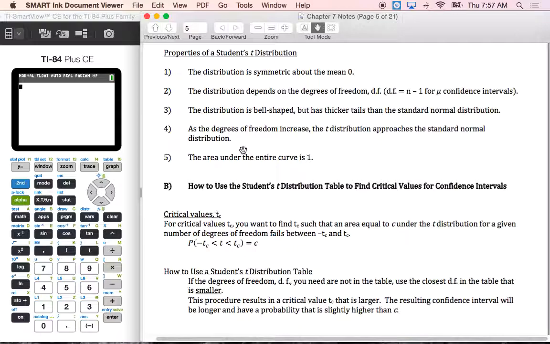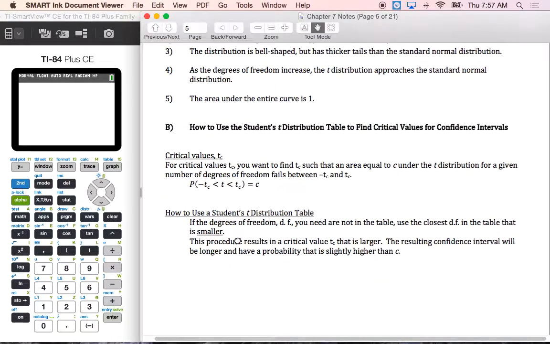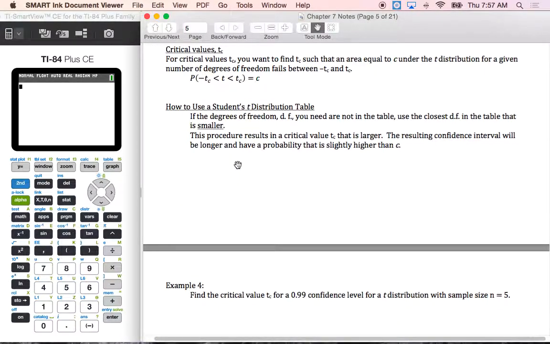However, to figure out your critical value now, you have to go through the T table. There's not a nice little chart that we have like we did in the Z table. Now you actually have to go to the T table and figure out what that TC, or critical value, is. So when you are using your T table, if the degrees of freedom you need are not in the table, use the closest degrees of freedom in the table that is smaller.